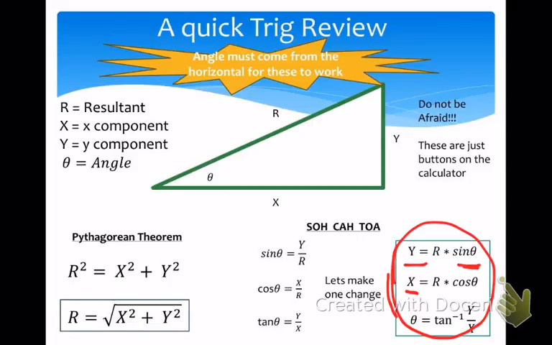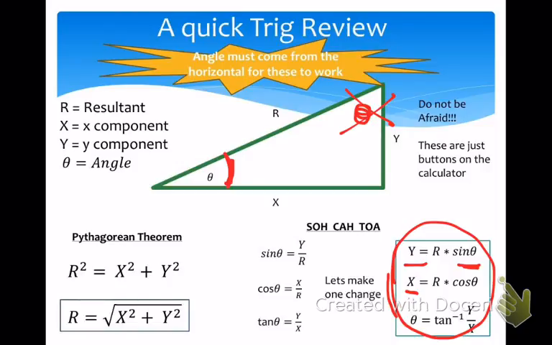The way that it's written, the angle has to be here, coming off of the x-axis, right? The angle is touching the horizontal piece. If the angle was up here, that wouldn't work. All of these things would be switched. So we want to make sure that we have the angle in the right spot for our little equations to work. But we'll get some practice with this here in a little bit.